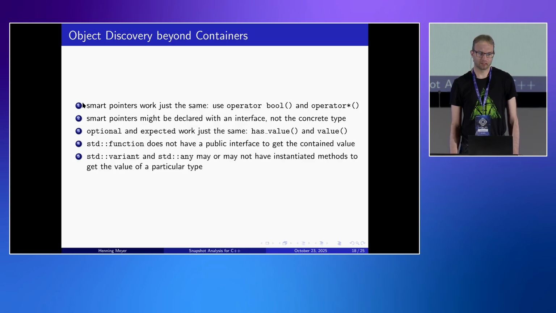And so for many types, we can just write an analysis pass that works purely on the public interface. It doesn't work for std function because there's no public interface to get the value out.